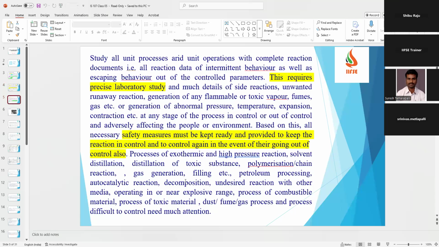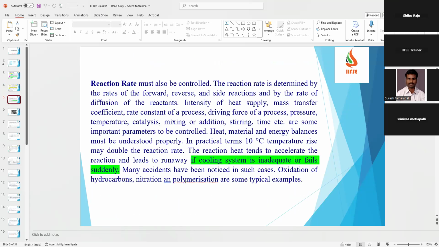Then reaction rate must also be controlled. So the reaction rate is determined by the rate of forward, reverse, or side reactions, by the rate of diffusion of reactants.